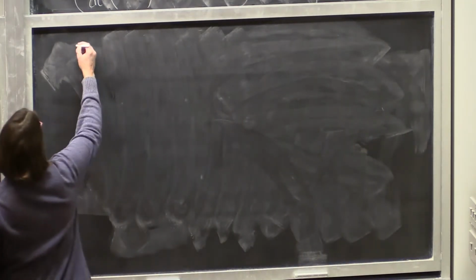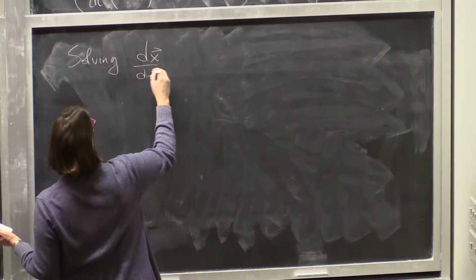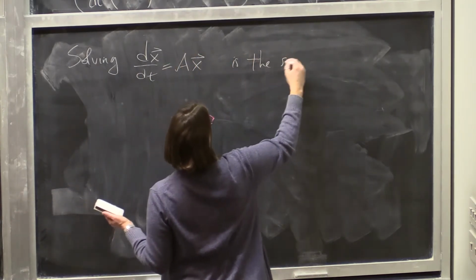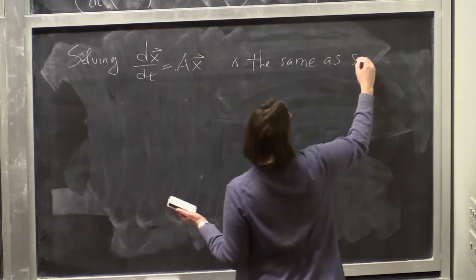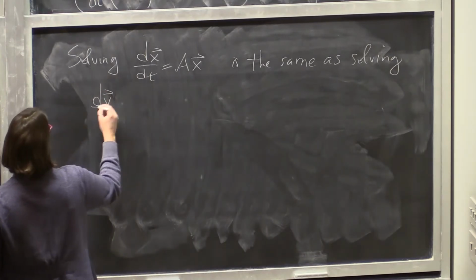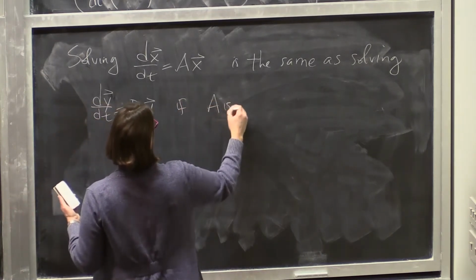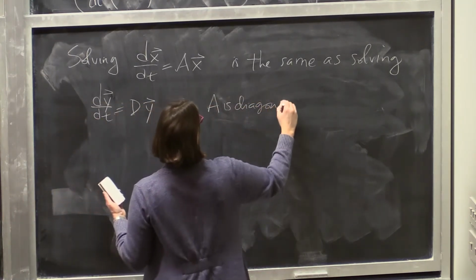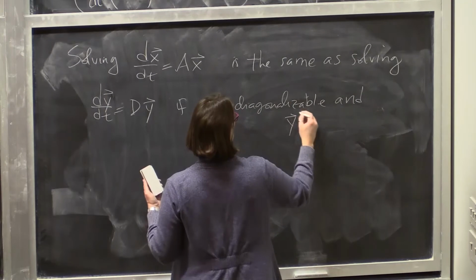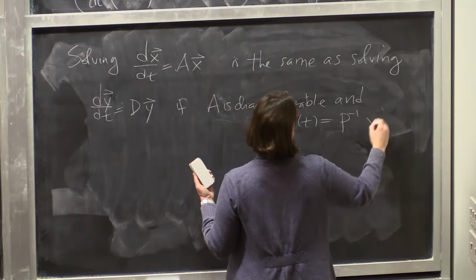So what we figured out is that solving dx/dt equals A times x is the same as solving dy/dt equals D times y, if A is diagonalizable and y of t is equal to P inverse times x of t.